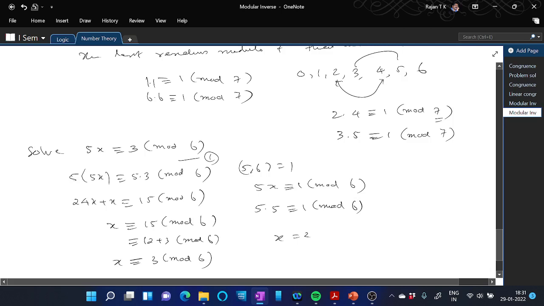Thus any x is in the form 3 plus 6t. So the solution is in the form 3 plus 6t, where t is an integer.